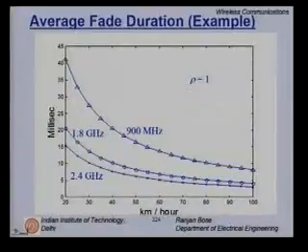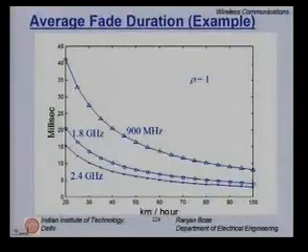So, it has caused a decrease in your average duration of fade. Just by translating to a higher frequency of operation or a smaller wavelength, you have improved your situation. Your burst lengths have decreased.